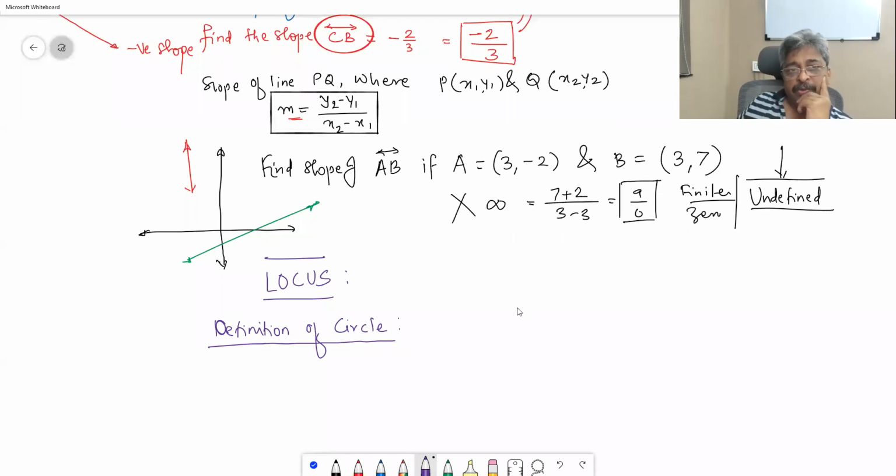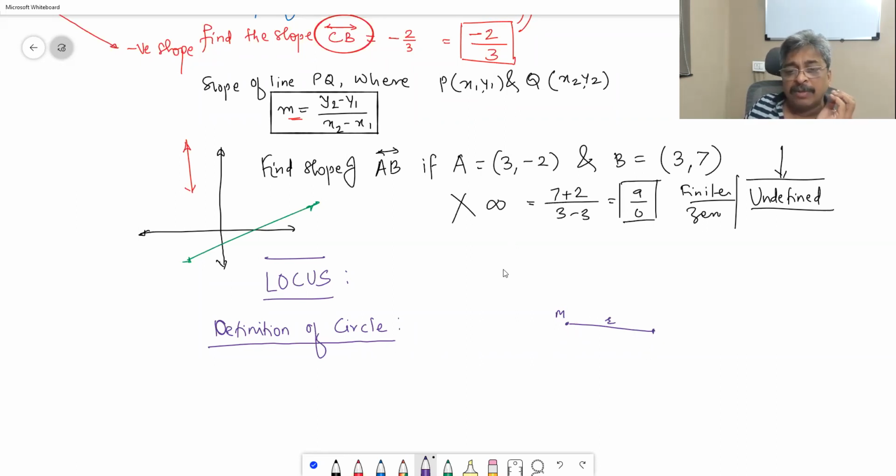Now, when I ask the definition of a circle, somebody will say it is points equidistant from a fixed point. So you have to have a fixed point and you have to have some distance. This is R, this is M. And somebody will start saying the definition of a circle like this, points equidistant from a fixed point.